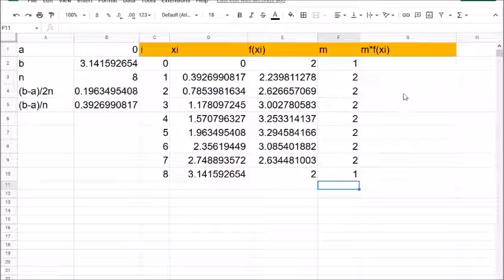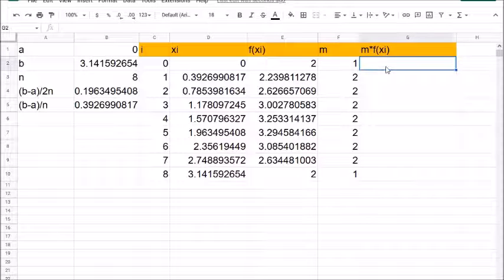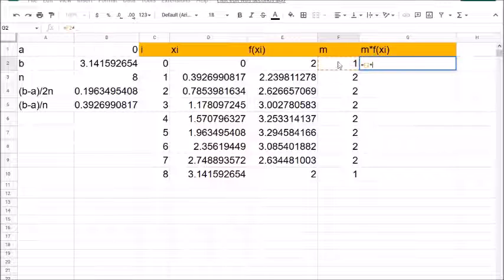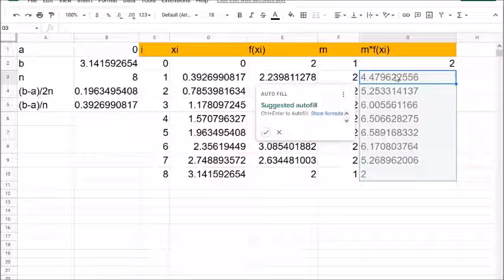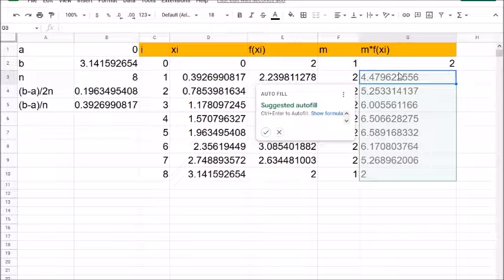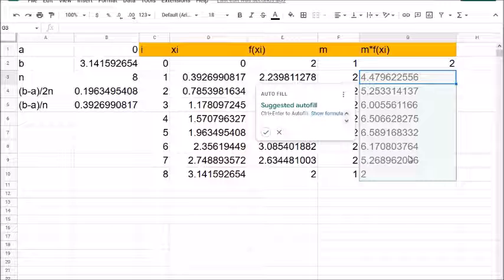And then we want to do multiplier times f of x of y. So equal multiplier times f of x of y. And then we're asked, do we want to do the rest of the cells in the same column? And we want to accept it.